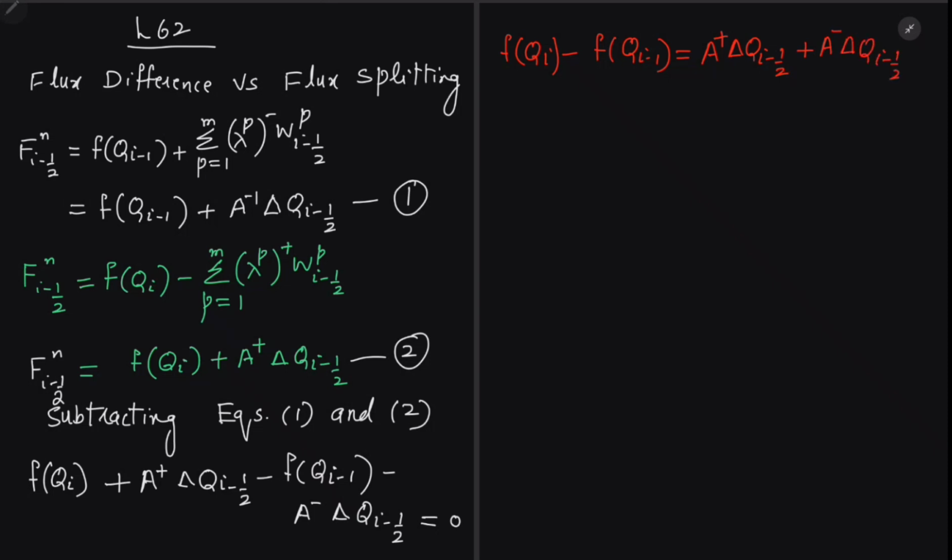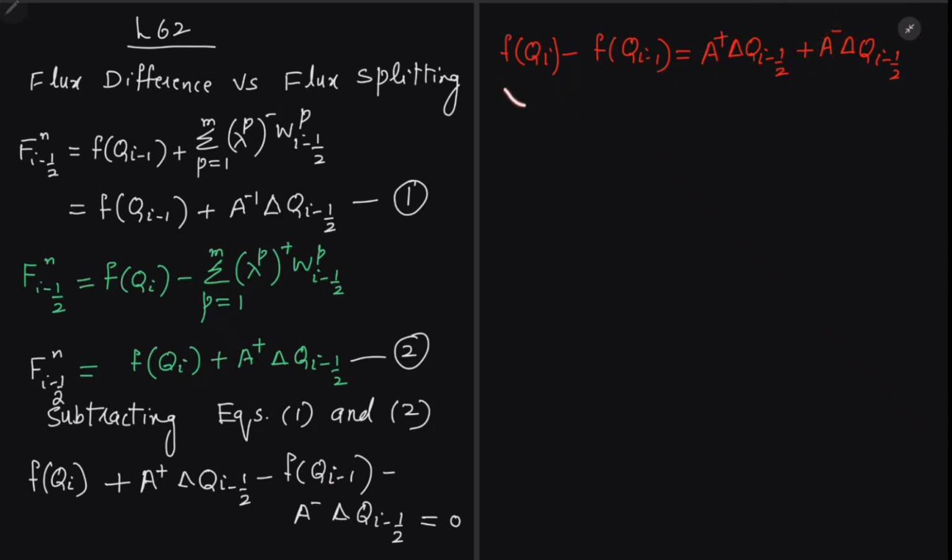So that's what we get. You can see that there is delta q i minus 1 half, the same difference, but the coefficient is positive in one case and negative in the other. And this is the flux at cell i and cell i minus 1.